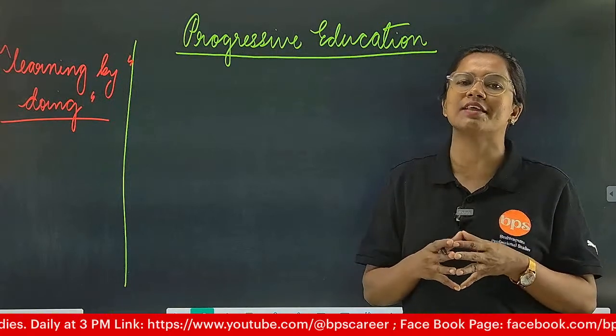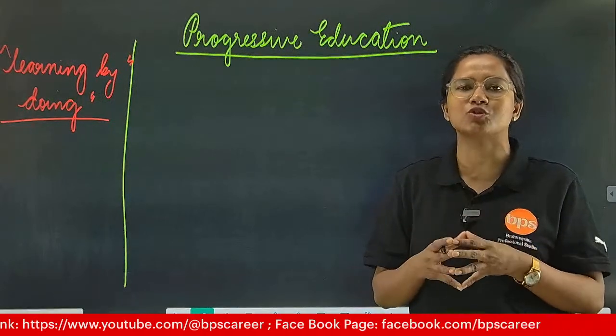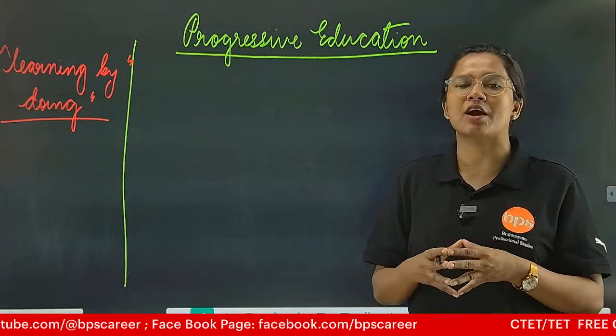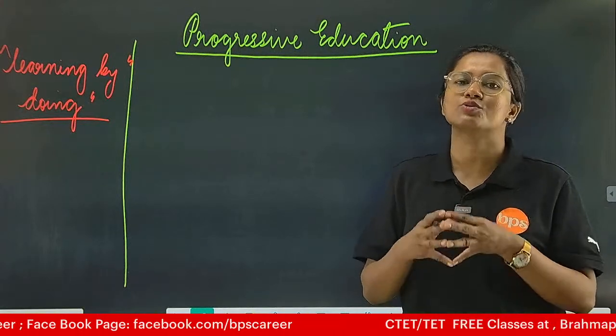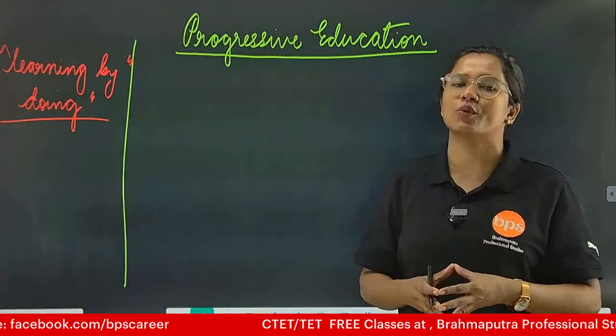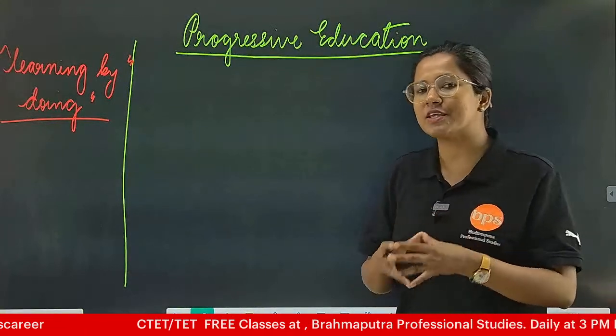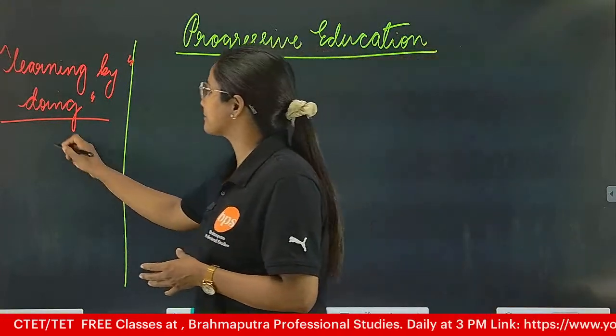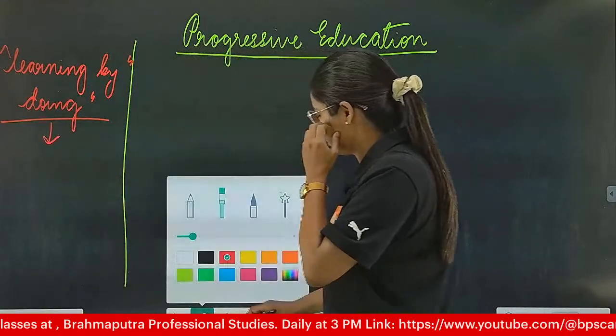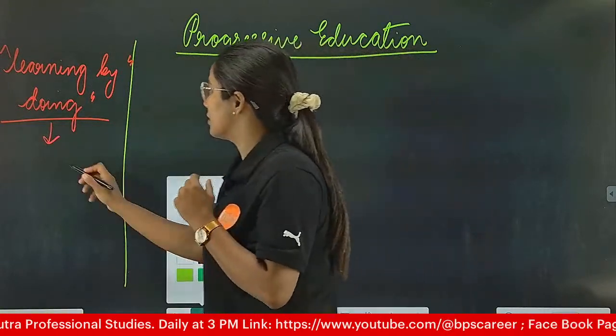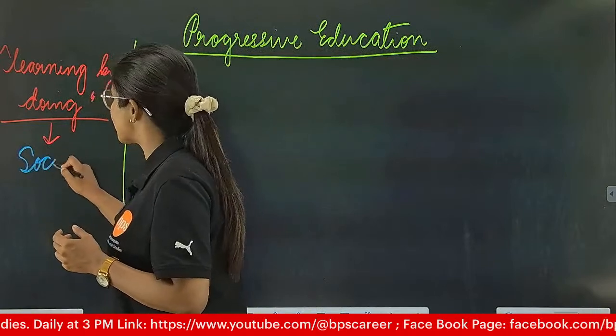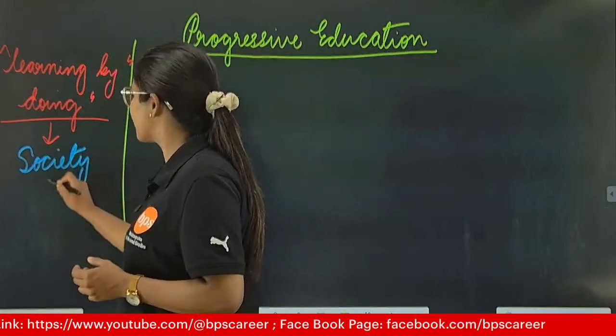So ultimately, the entire society is going to be the place where we are going to live, we are going to struggle, and at the last, we are going to survive. So it is very important that society is the place where we will, what we will do?